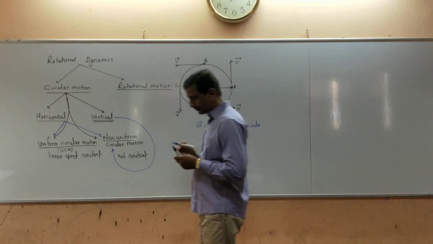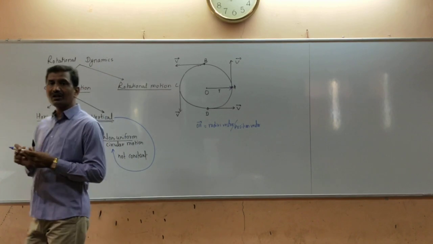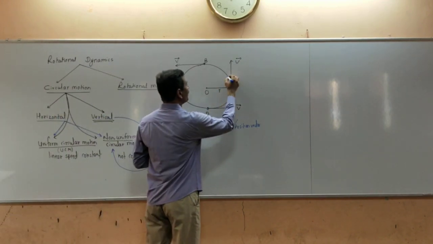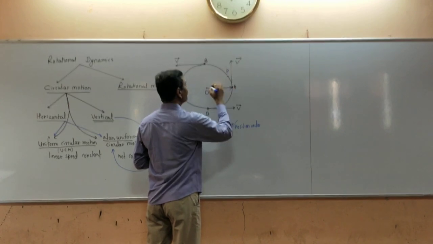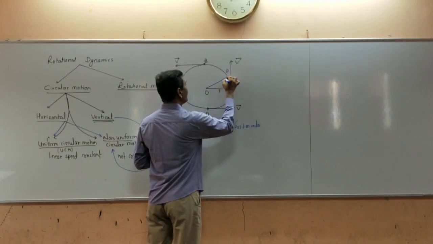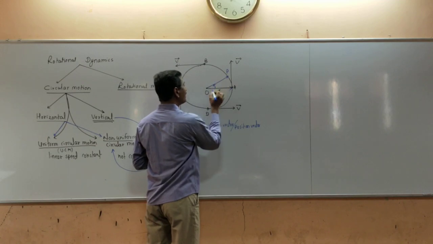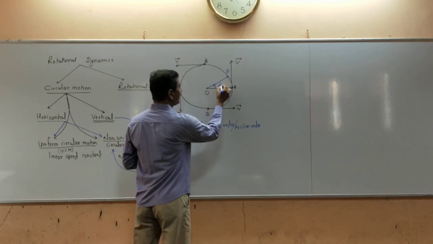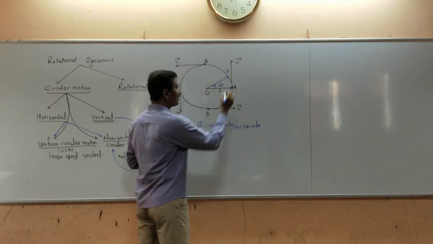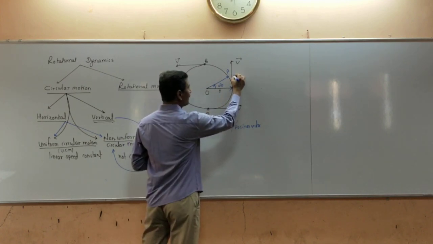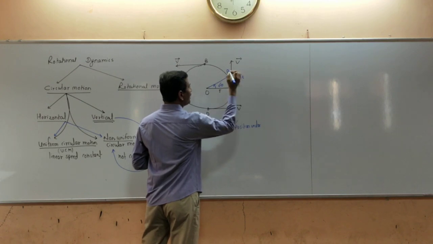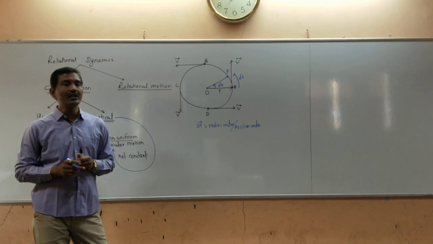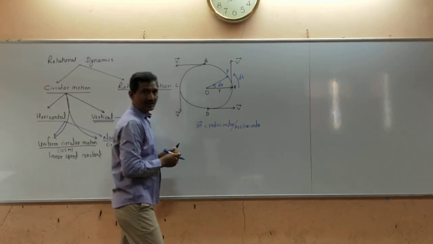So now, in a very short interval of time, say delta t, particle moves from A to say P. Then the radius vector rotates through a very small angle, say delta theta.